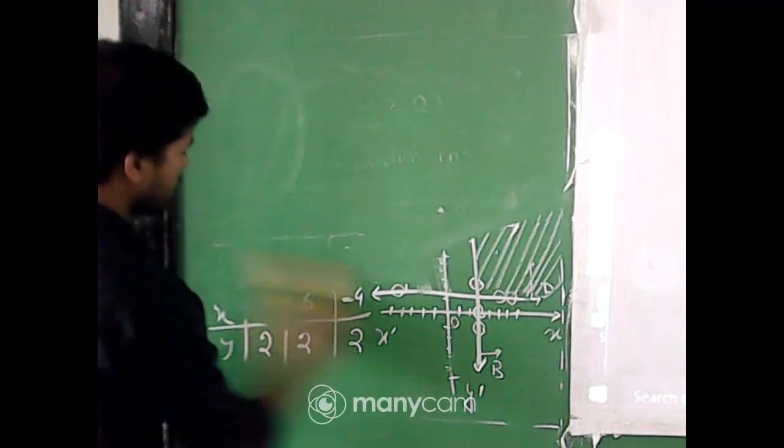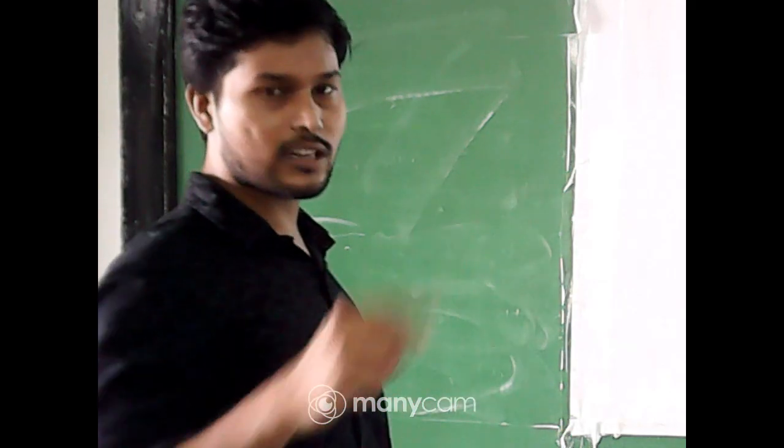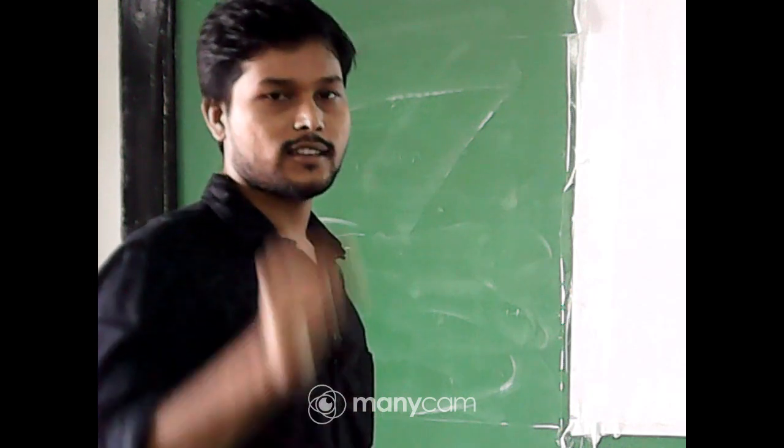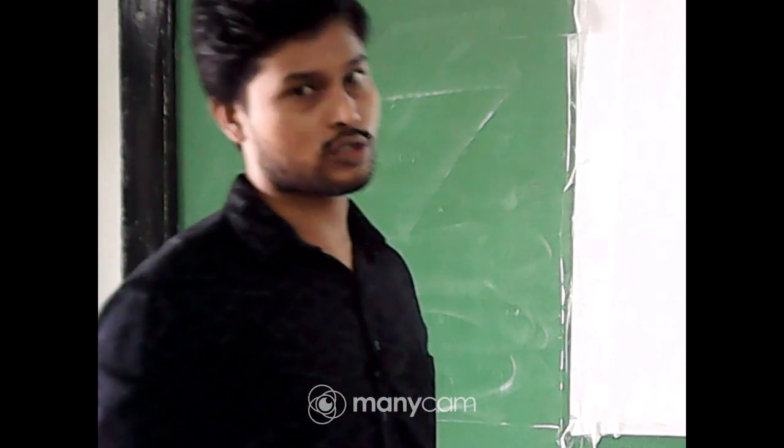Just keep in mind that if the sign is greater than or equal to 0, the region will be away from the origin, and if the sign is less than or equal to 0, the region will be towards the origin, provided the line does not pass through the origin. Clear? Okay, so now I am taking question number 3.